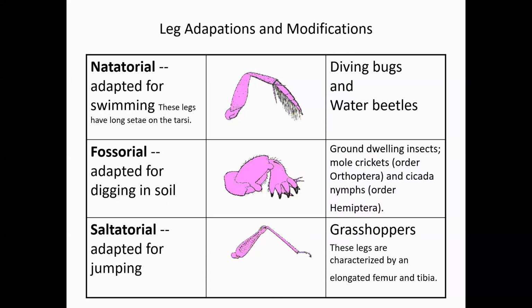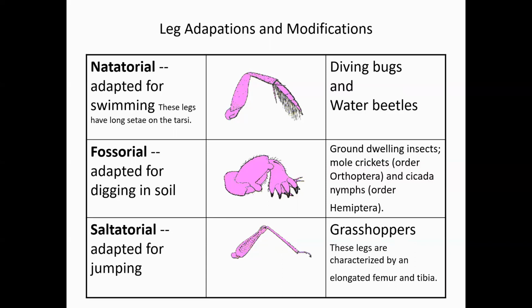Okay, next the fossorial type, or it is also known as the digging type of legs. Here the modification is observed only in case of front legs or forelegs.